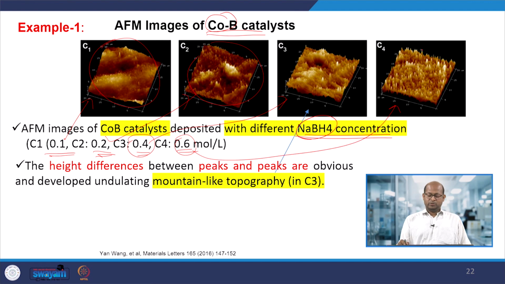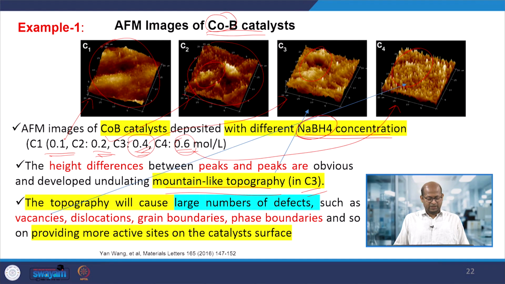So here you can see the images are different. When concentration C3, meaning 0.4 mole per liter of sodium borohydride, was taken, a mountain-like topography has been formed, you can see. So depending upon the reagent concentration, the surface where cobalt boride is deposited would be different, meaning different morphology has been developed.